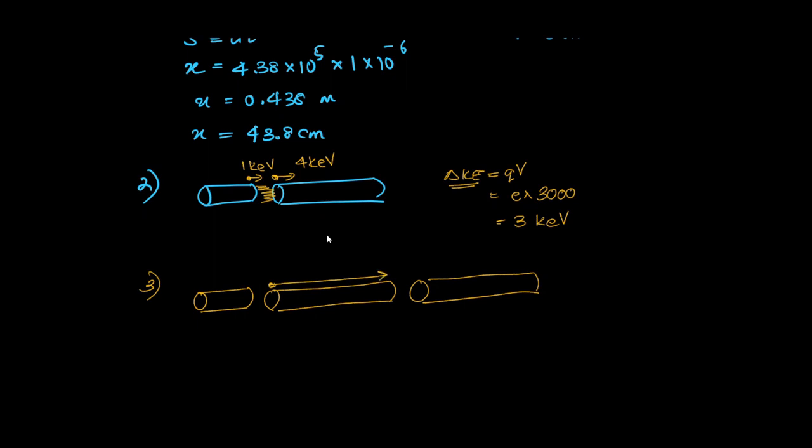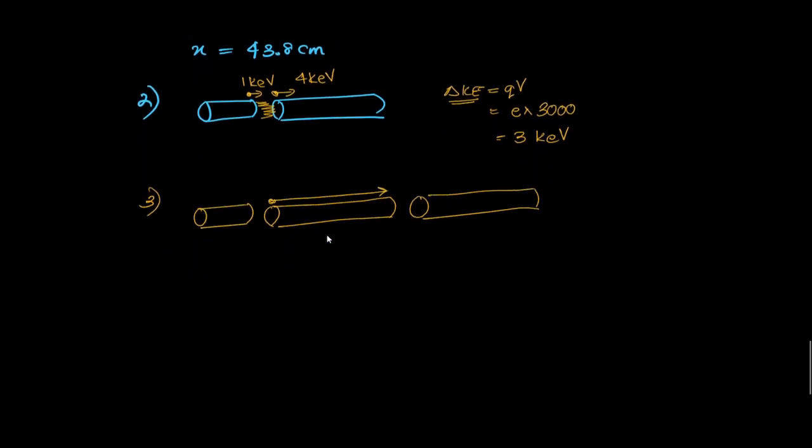So, we know that kinetic energy is equal to half mv square. So, half m is a constant, then v square is proportional to kinetic energy, or v is proportional to root of kinetic energy. So, we had v1 proportional to root of 1 and v2 proportional to root of 4.